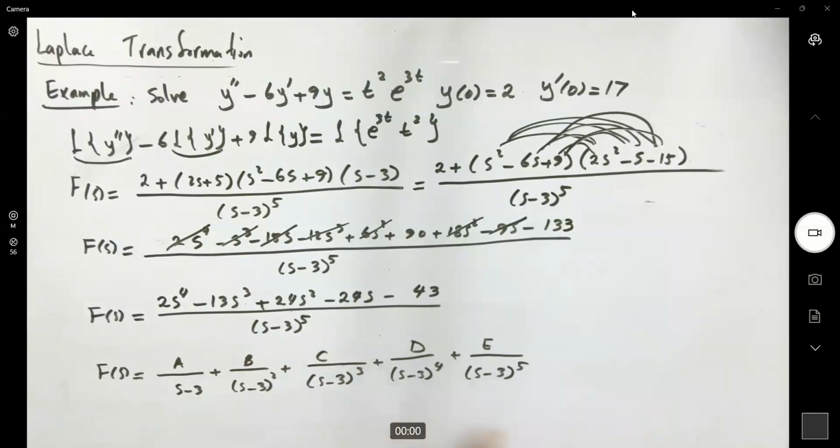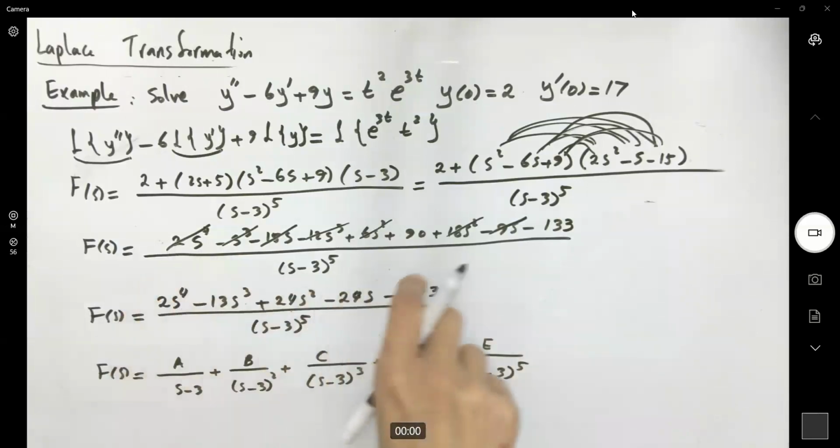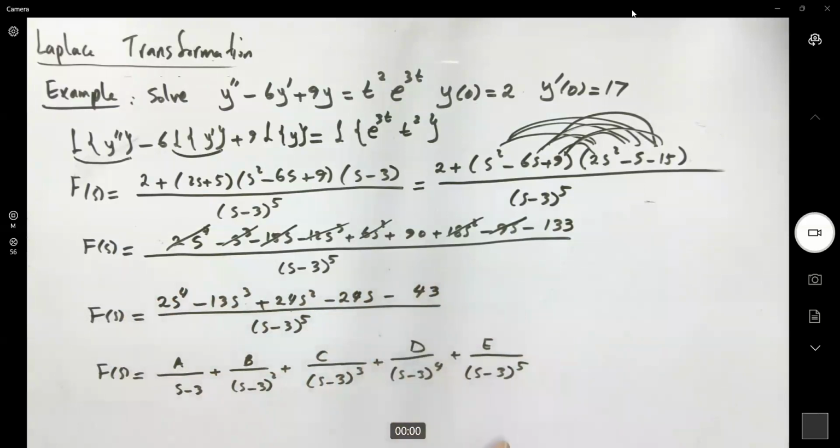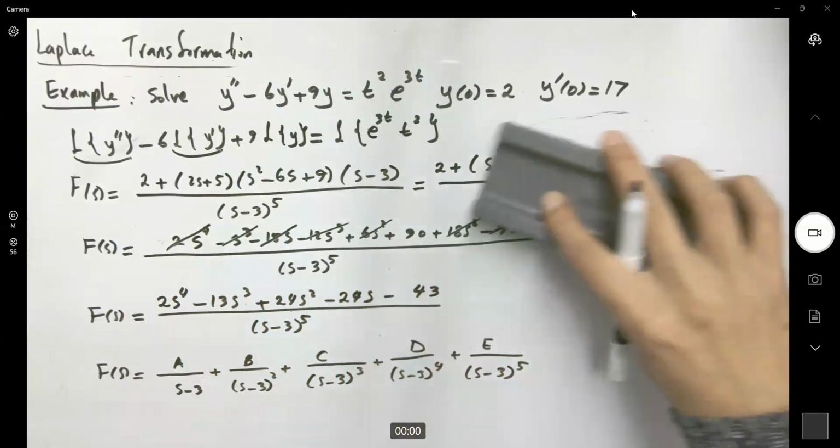Because of repetition, we list these all, take the common denominator, and set them equal to this numerator. Very long process, so let us do that.